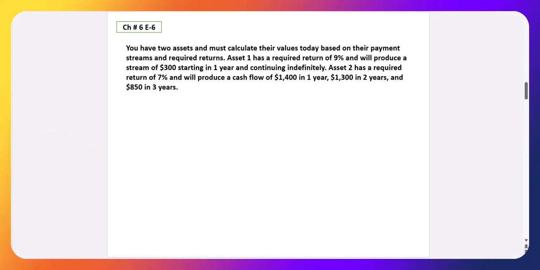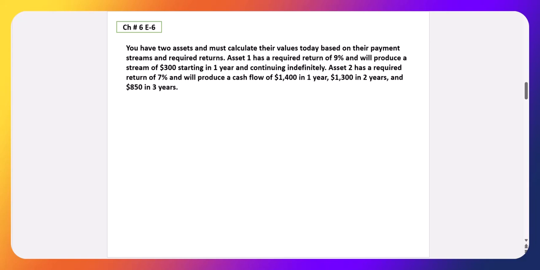Exercise 6. You have two assets and must calculate their values today based on their payment streams and required return. Asset 1 has a required return of 9% and will produce a stream of $300 starting in 1 year and continuing indefinitely.